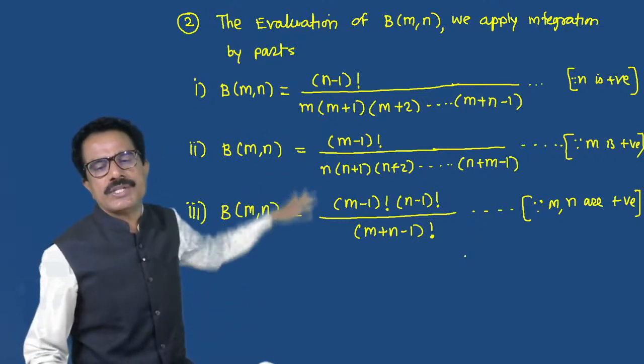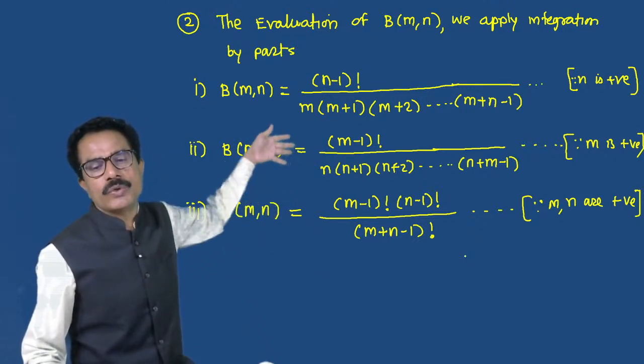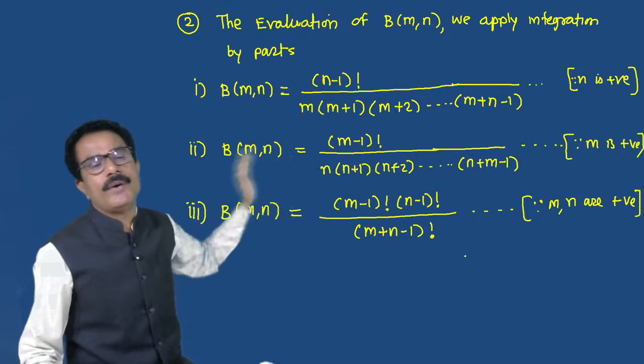Actually this is the evaluation of beta m comma n: how to calculate the value of beta m comma n in the form of factorials.